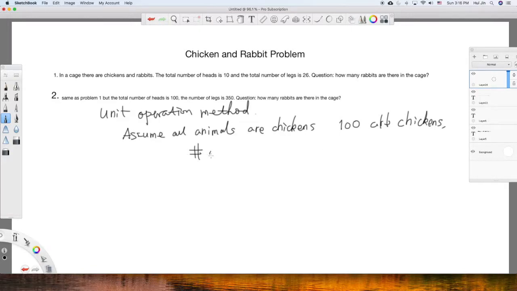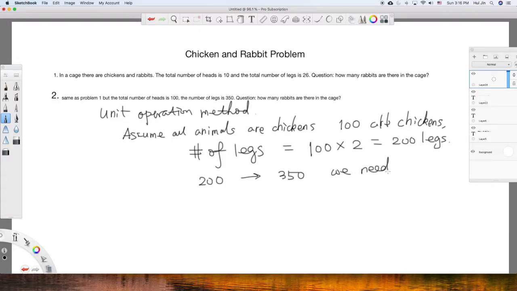So the total number of legs, if everything is chicken, will be 100 times 2 equals 200 legs. But the problem says the total number of legs is 350. What's the difference? From 200 all the way to 350, we need to increase by 150, which of course is 350 minus 200.